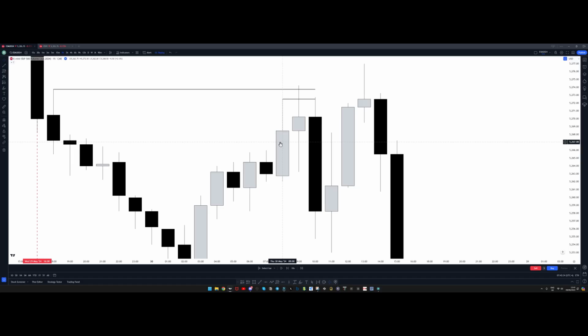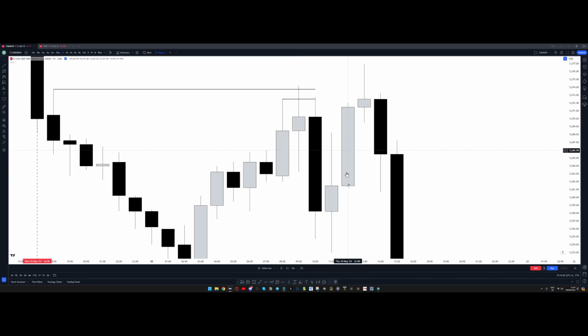Well, it's obvious. 8 o'clock did not take the liquidity, so that means 9 o'clock has to take the liquidity, or 10 o'clock or 11 o'clock, depending on which way it's going to go. But I'm already anticipating this exact thing to happen. I'm anticipating 9:30 to take the liquidity, and I don't care, I'm going to leave it alone, and I'm going to come back at 10 to 10, and I'm going to wait.